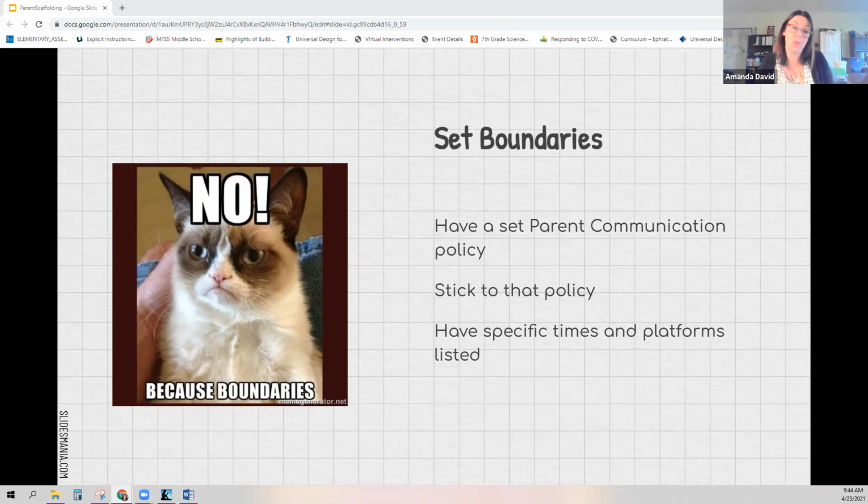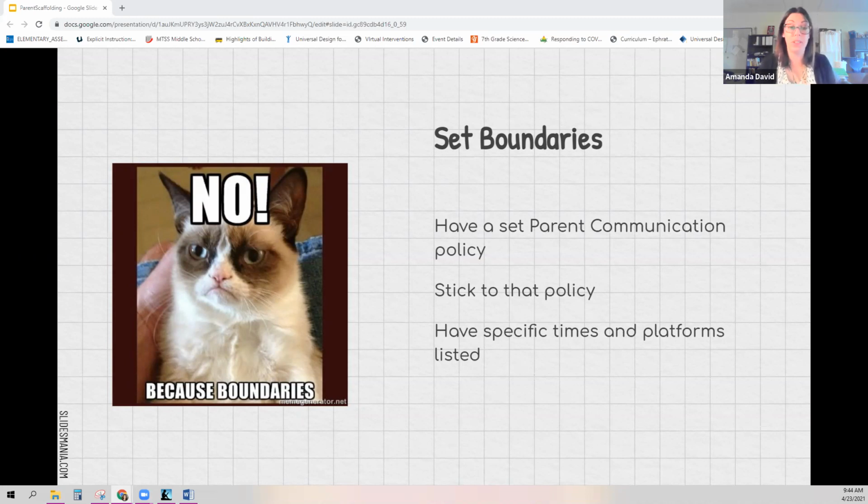Again, you need to make sure those boundaries are clear and concise and specific. So having within your syllabus or in your open house paperwork or beginning of the school year paperwork, having things such as, it is best to contact me through telephone if this is an emergency.